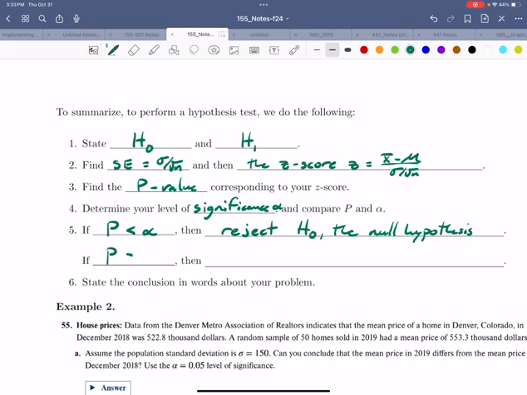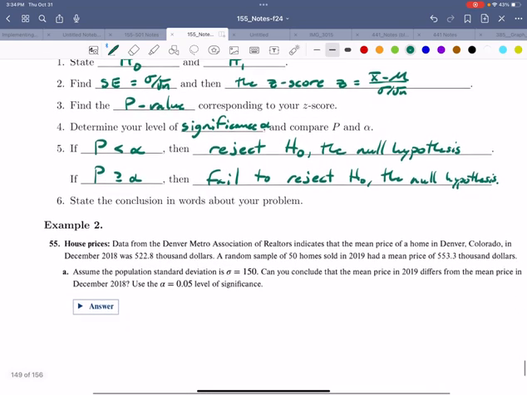If p is greater than or equal to alpha, although I've never actually seen it equal to alpha exactly, then we fail to reject H naught, the null hypothesis, right?